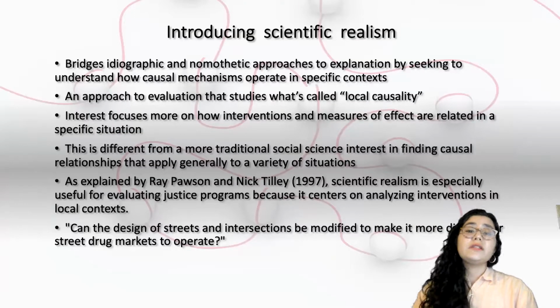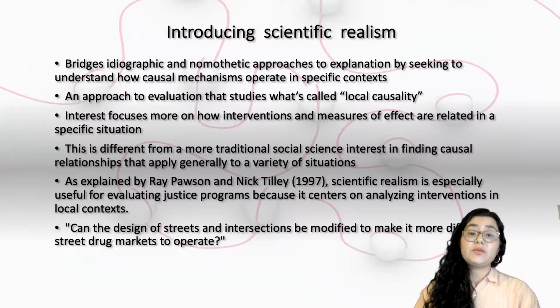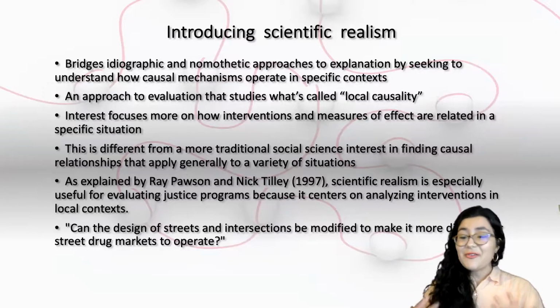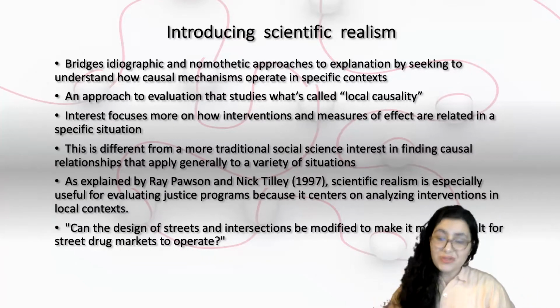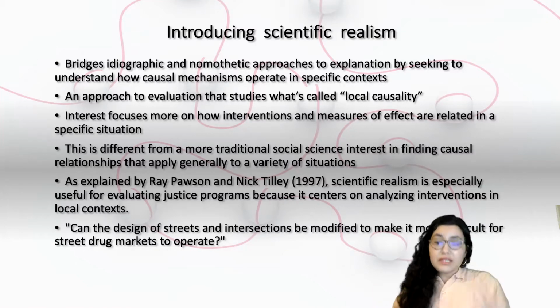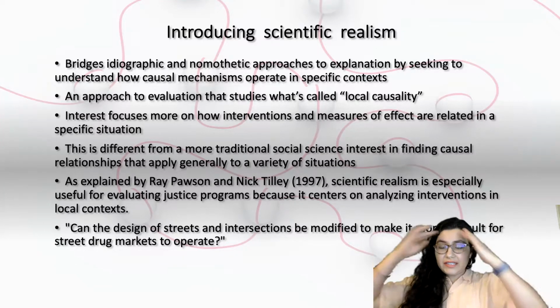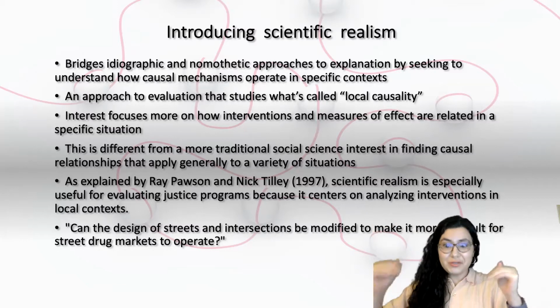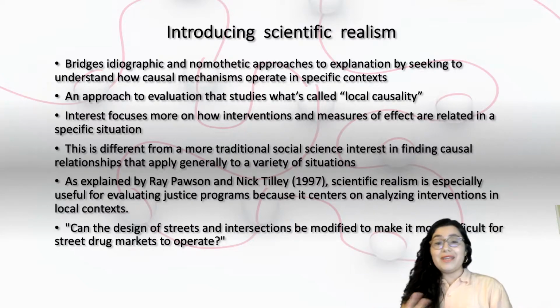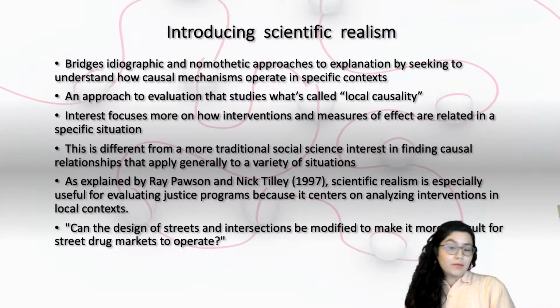And so something that we need to think about is scientific realism. So when we're talking about causation, when we're talking about all of these design setups and ways of doing research, there's actually like a science of doing research. And so there's all of this debate about how we should be able to say something causes something.